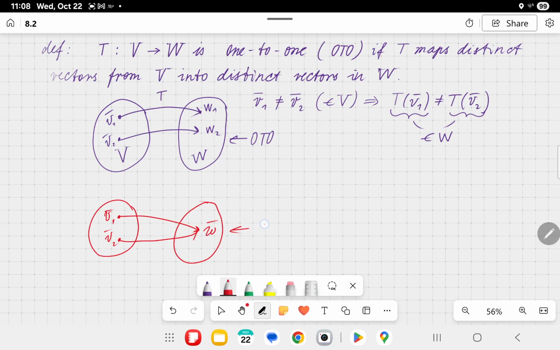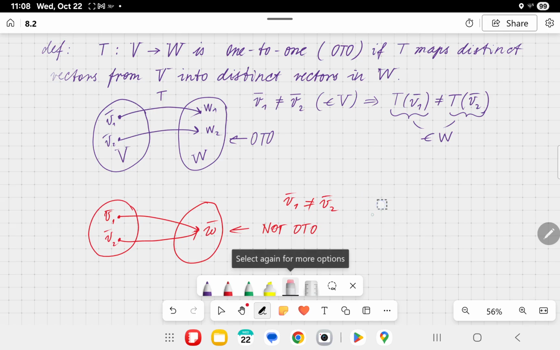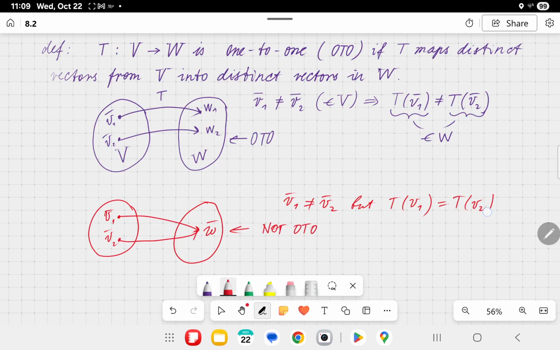Then this transformation is not one-to-one, because v1 is not equal to v2, but T of v1 is equal to T of v2. The result of transformation is just the same vector.